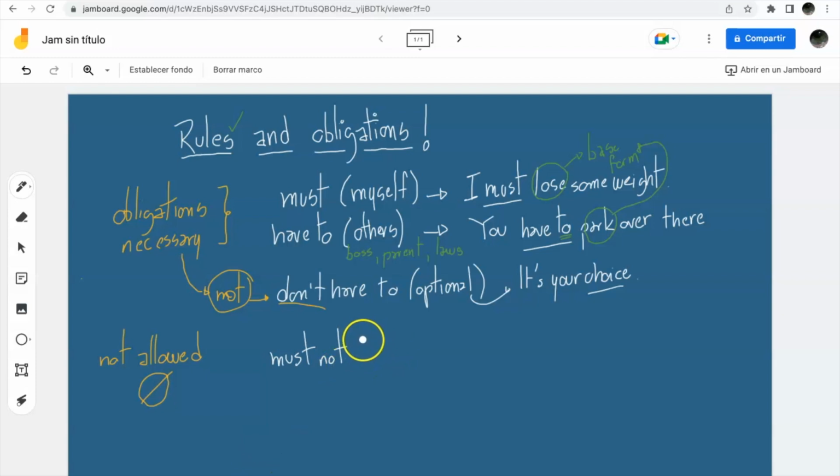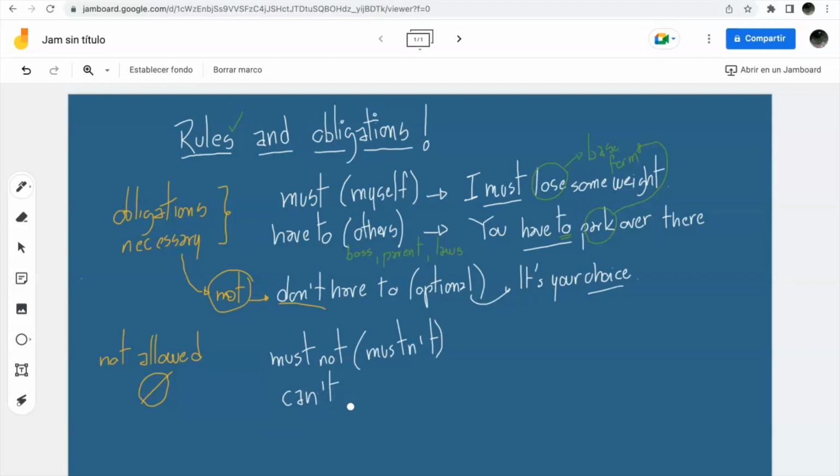Now must not, and you have to remember this, the contraction is must and apostrophe T. Mustn't. It's quite weird. Mustn't. Okay? And of course, you have to use can't. Now, forgive my handwriting. So let me write it once again. C-A-N. Can't. Right?